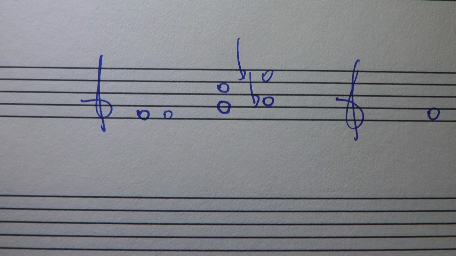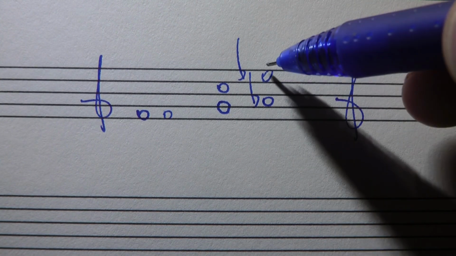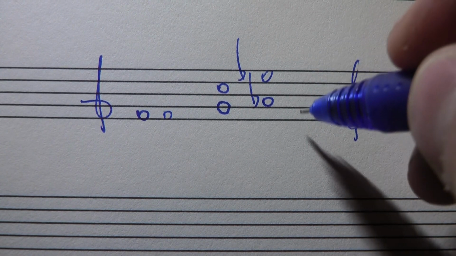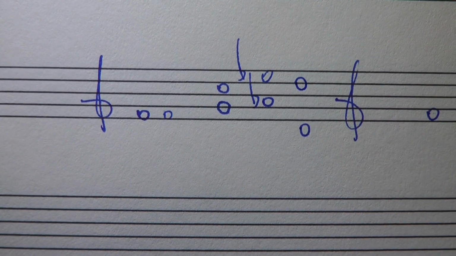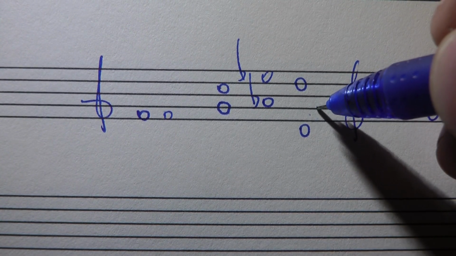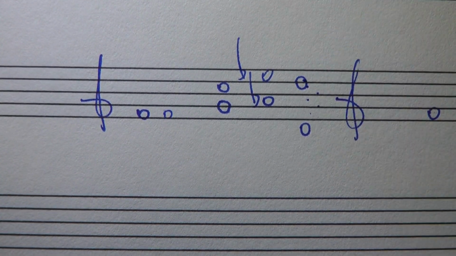Once again, I'm thinking in the key of the low note. In the key of A flat major, E is flat. And then the perfect octave from D to D. 1, 2, 3, 4, 5, 6, 7, 8.